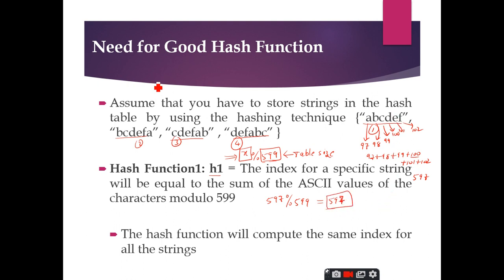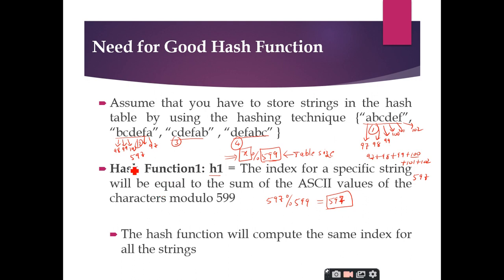Now let us go with the other string. What is the other string we have? B, C, D, E, F, A. Now if you find the equivalent number for this string, it is 98, 99, 100, 101, 102, and 97. Again this results in a value of 597. Is it right or not?